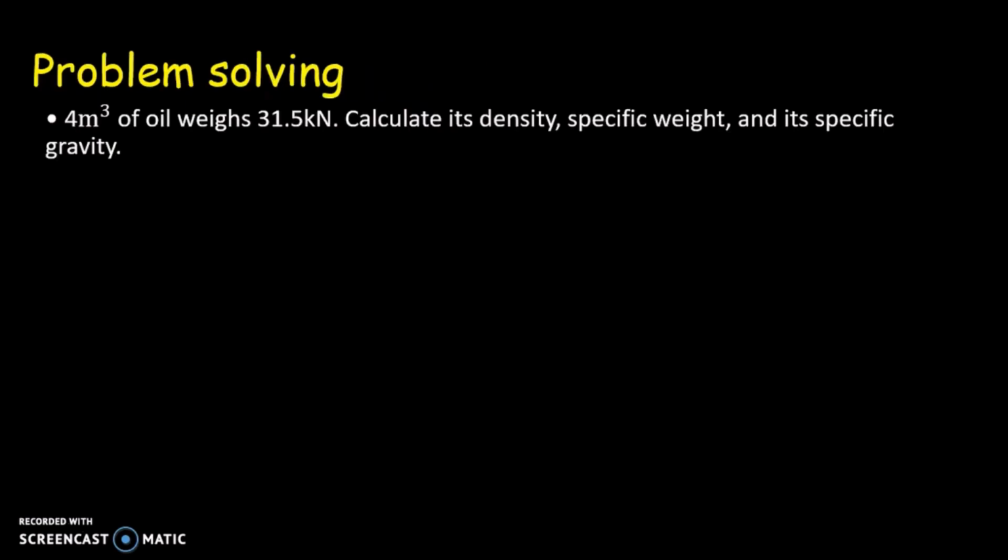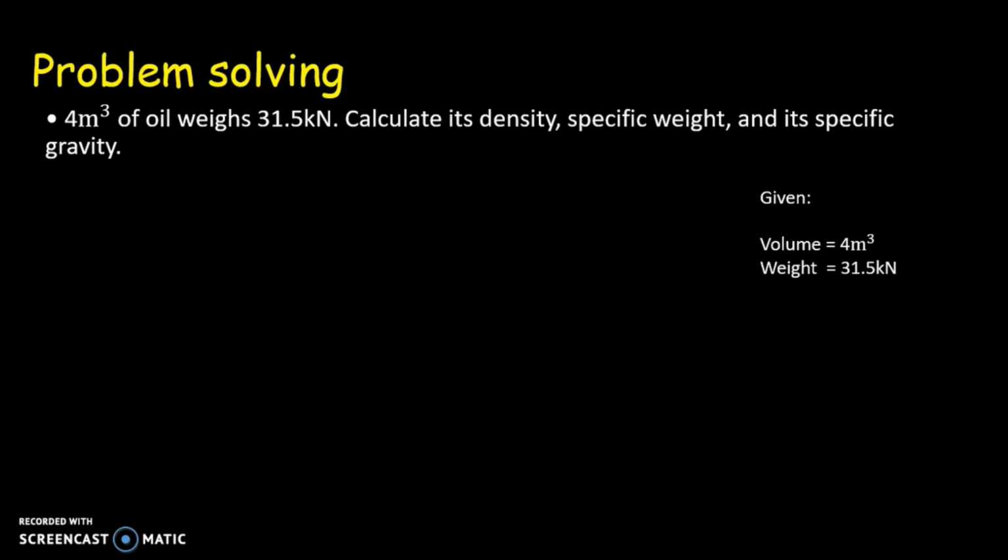And for our final example problem, 4 cubic meters of oil weighs 31.5 kilonewton. Calculate its density, specific weight, and its specific gravity. First, let's write down the given data. For volume, we have 4 cubic meters, and for weight, we have 31.5 kilonewton. So we have volume and weight.